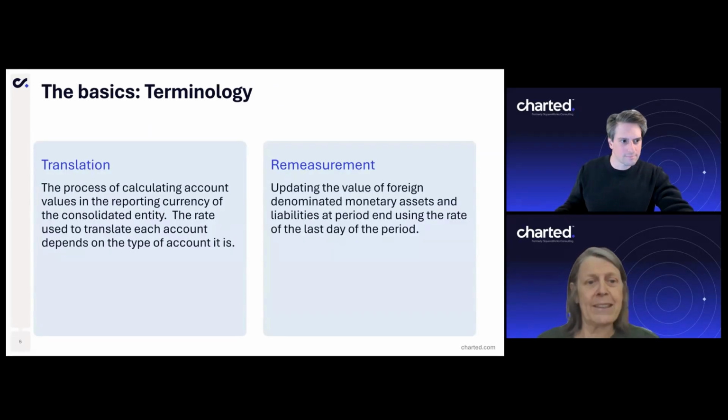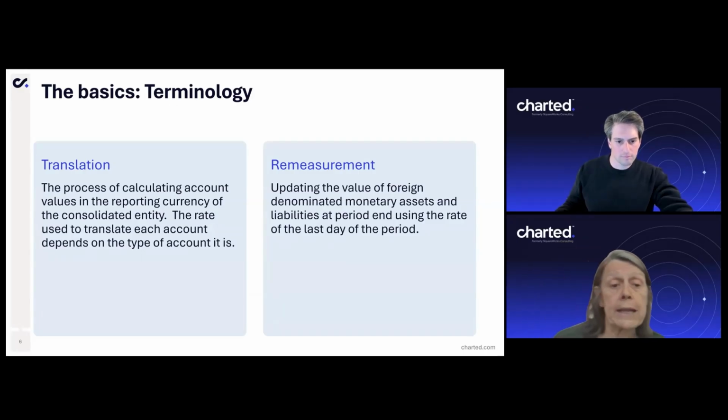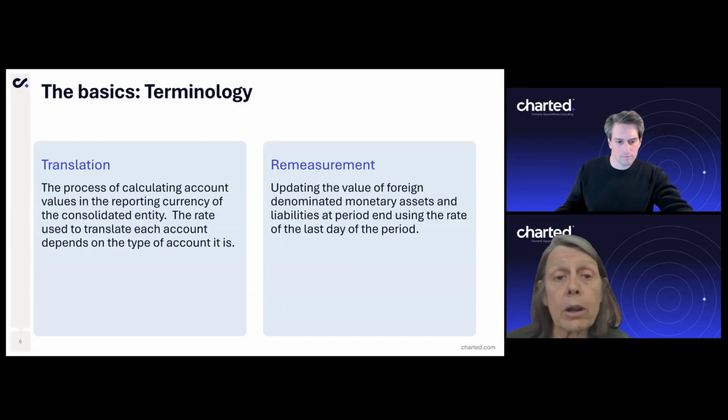That's important. Some more terminology basics of translation and remeasurement. Translation is the act of calculating the account values in the reporting currency for consolidation. So that means I'm taking my euro company and translating it for consolidation purposes at month end.